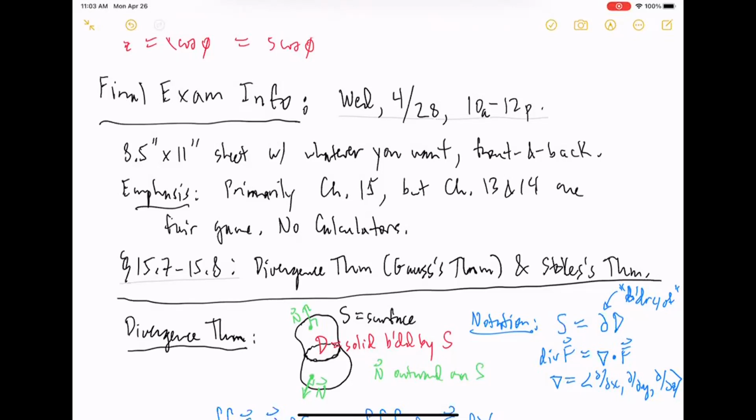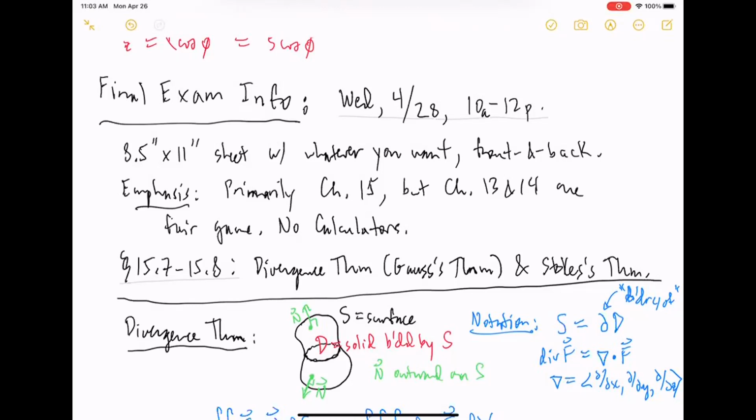Chapter 14 was exclusively focusing on the integration concept, and we were really trying to understand what was going on there. And then chapter 15 is the vector analysis application side of things, which most recently culminated in the Divergence Theorem and Stokes's theorem.